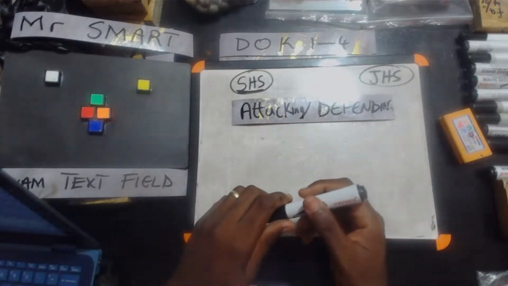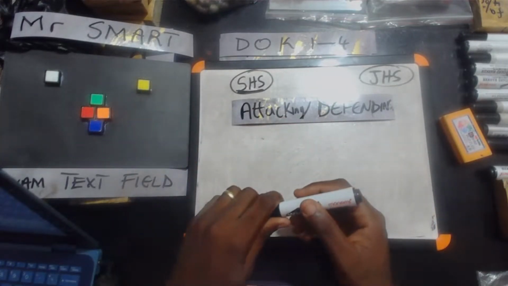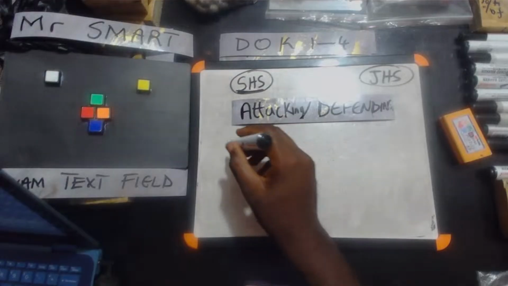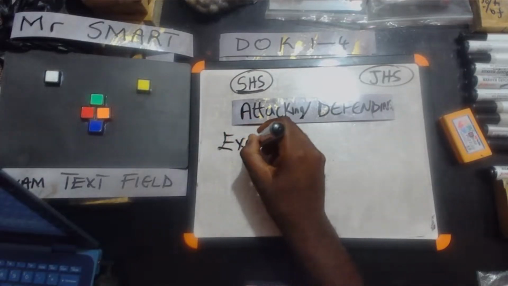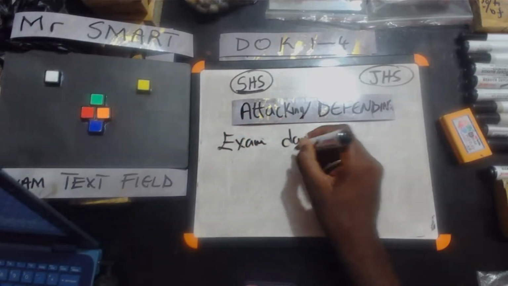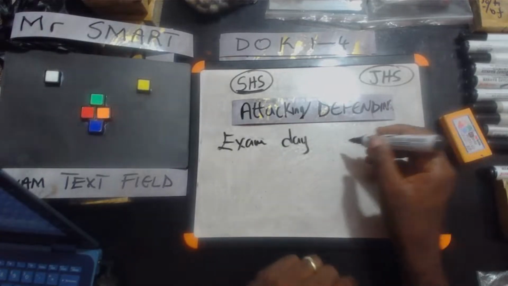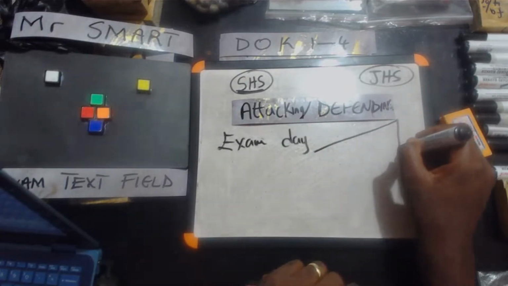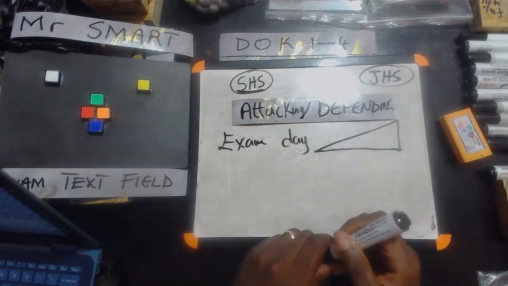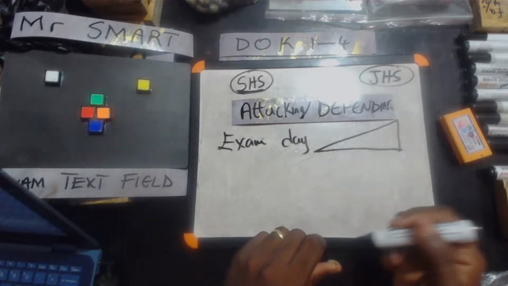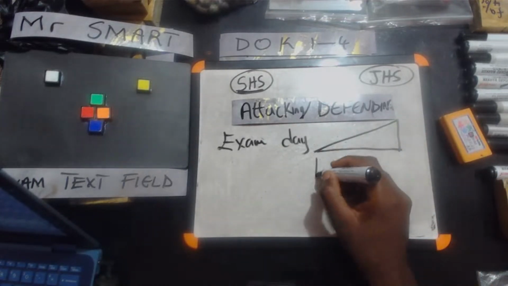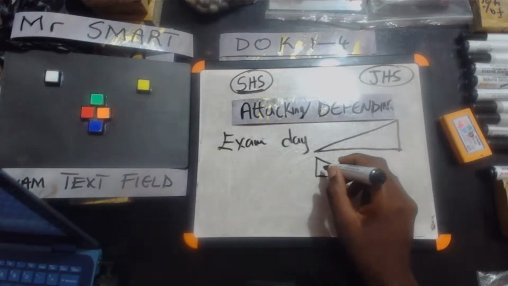Like we have just learned, there are 4 levels of difficulty. On exam day, you are going to attack questions with an increasing level of difficulty. It will not be wise to attack questions in decreasing levels of difficulty.